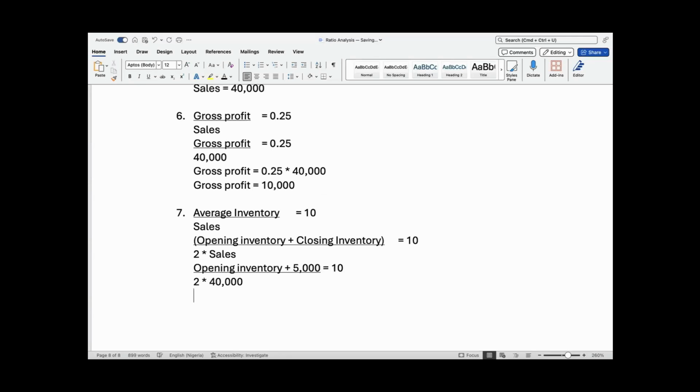Let me do it step by step for you. My opening inventory plus 5,000 equals 10 times 2 times 40,000, 80,000, which can then come to this side. So my opening inventory... no, there's something wrong.